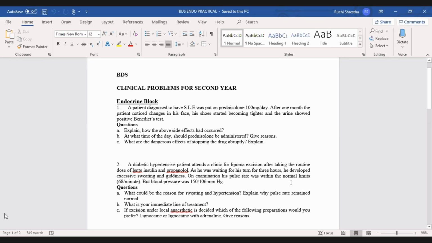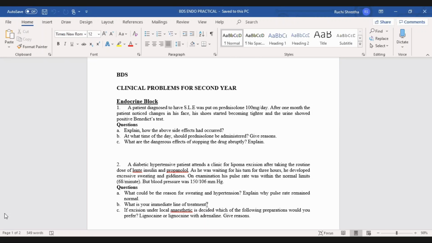So adrenaline is a vasoconstrictor. When lignocaine is given along with adrenaline, since adrenaline is a vasoconstrictor, it slows the flow of the drug through the particular blood vessel.